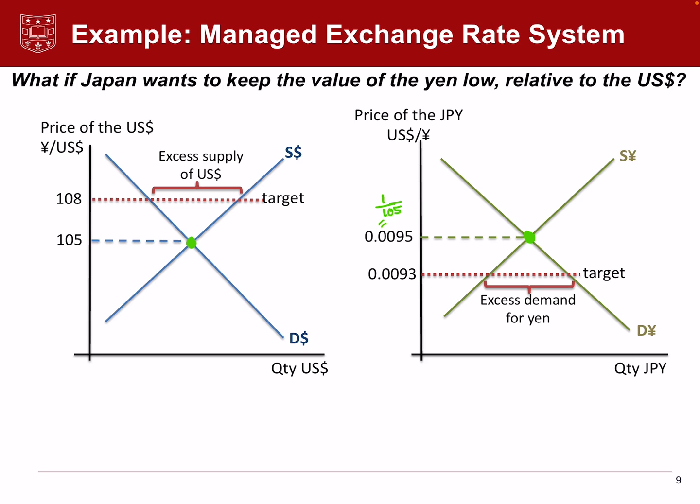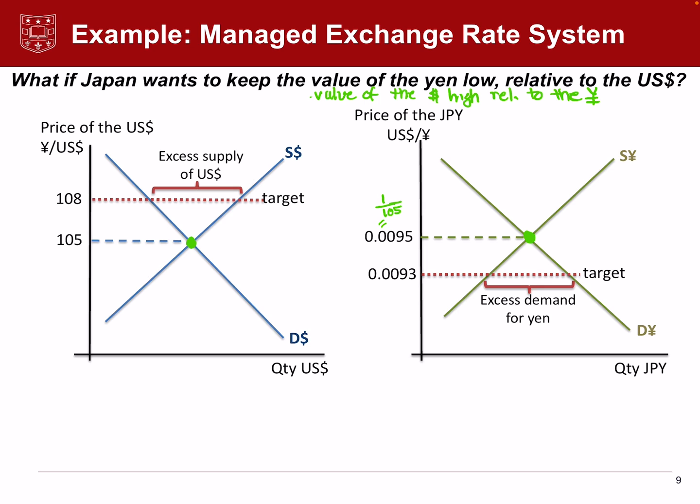So what if Japan wants to keep the value of the yen low relative to the dollar? This is the same thing as saying the value of the dollar high relative to the yen, of course.